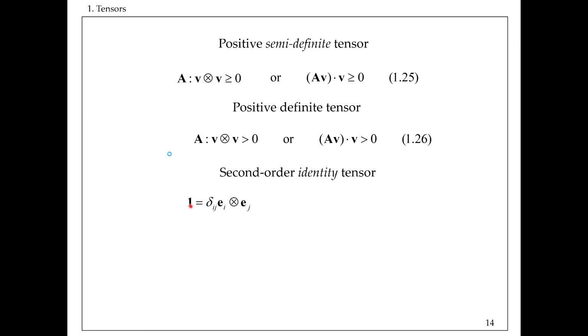In many books, actually, in the Holzapfel book that I recommend for this course, you will see I. But this is also a possible definition for that. Okay. So what does it mean? Basically, for this identity tensor, if you think of the components as a matrix, you will have one sitting only on the diagonal.